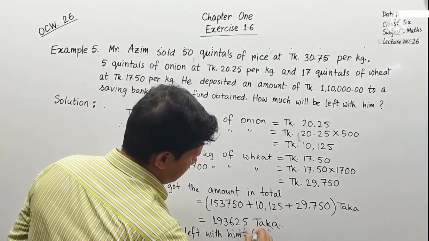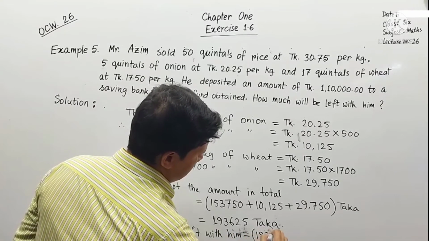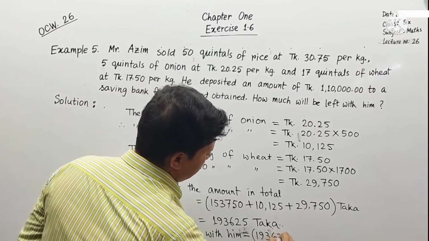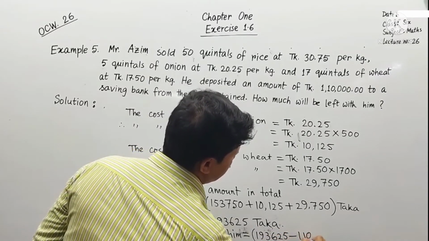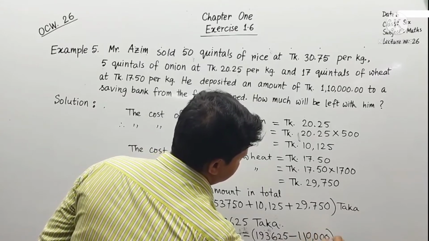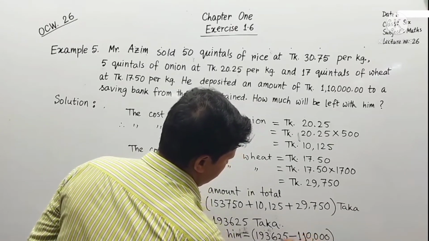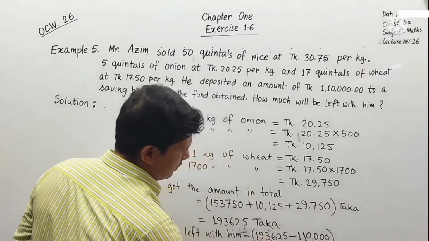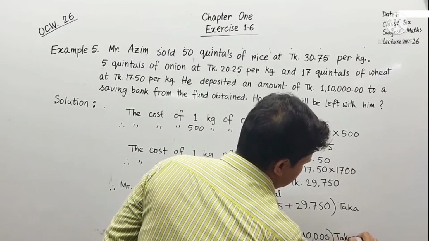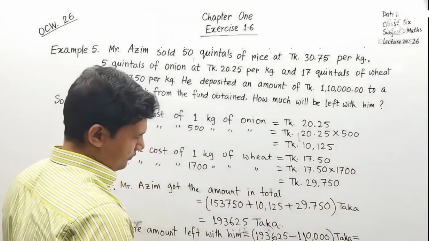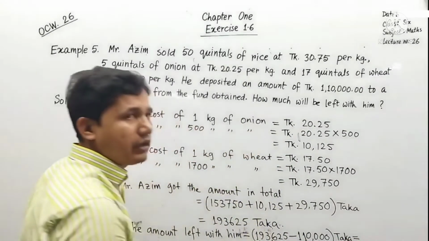From this 1,93,625 taka, you will subtract 1,10,000 taka. That means left is how much?